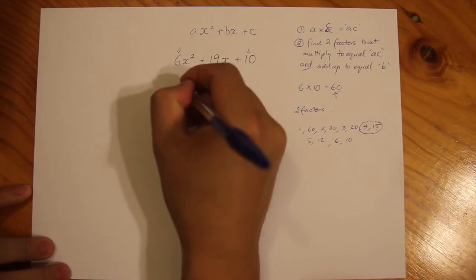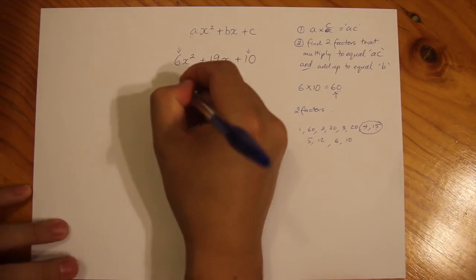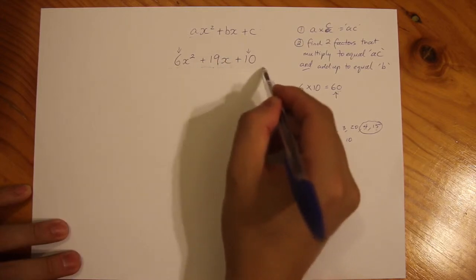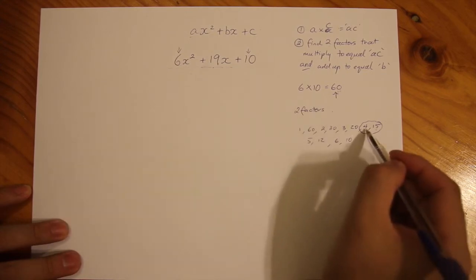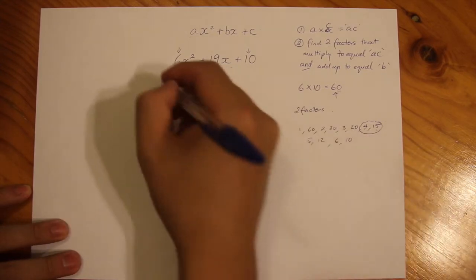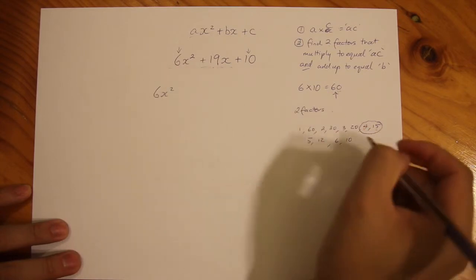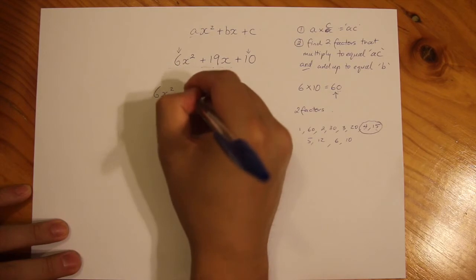So what we're going to do is rewrite this expression, but we're going to add these two guys in the middle. So 6x squared, we're going to then add 15x.